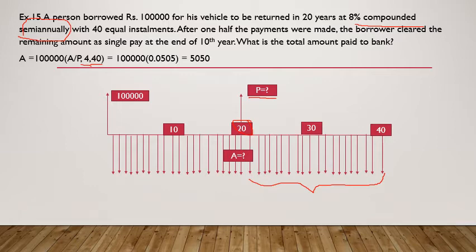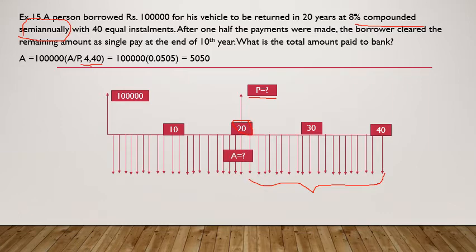Now I pay 5050 for 10 years, or 20 installments. At the end of 20 installments, I will have some money with me, and I prefer to pay the remaining amount in one single payment, in one single shot. How do I do that? What should I do?